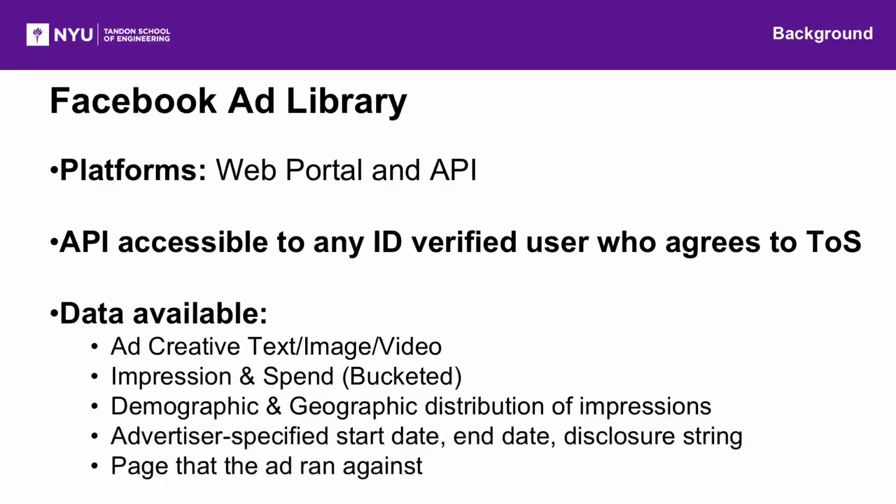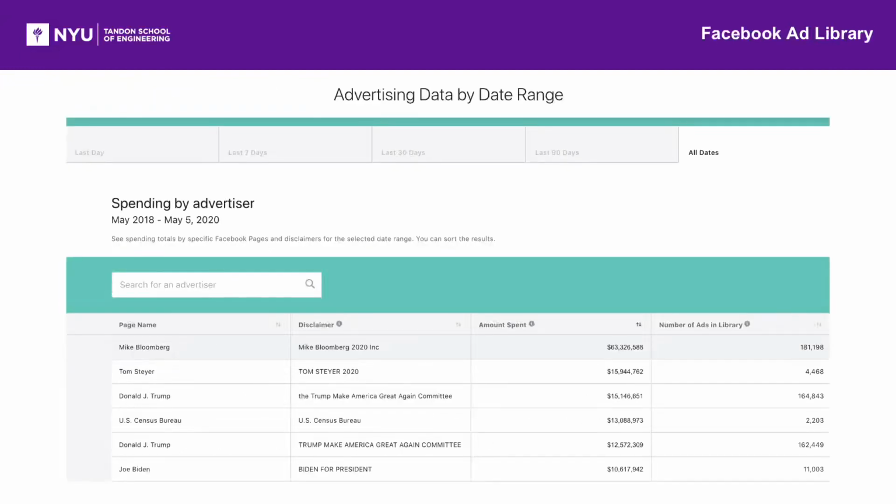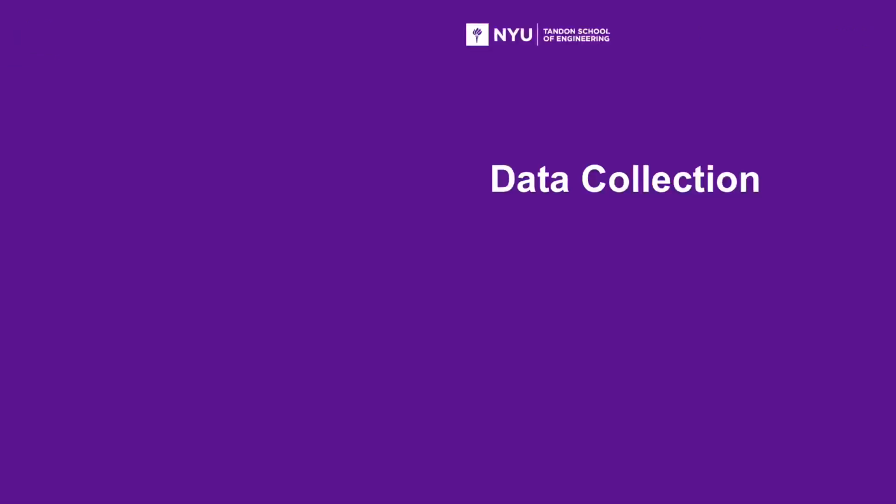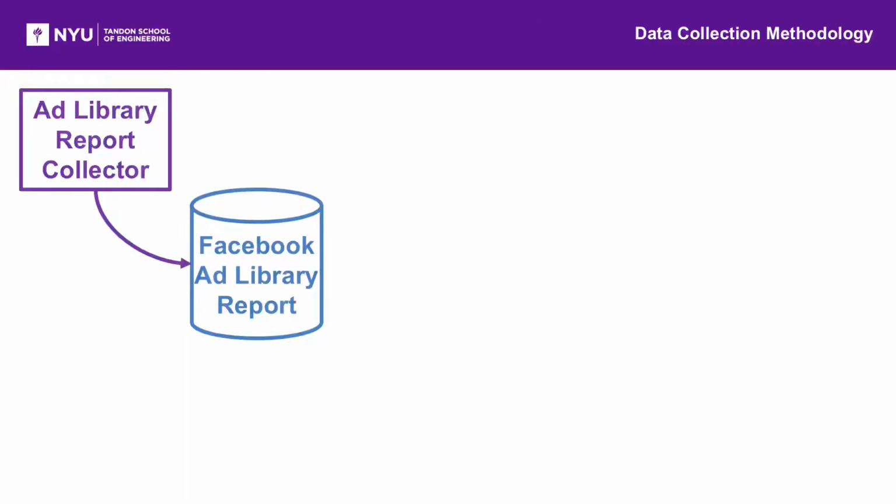We also get some metadata about when the ad ran and the disclosure string and page that the ad ran against. Facebook also publishes an ad library report every day for several time periods with summary information about how much each page and disclosure string combination has spent and their total number of active ads over the time period of the report.